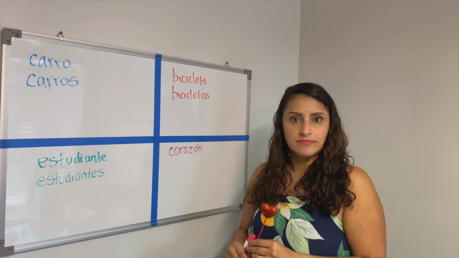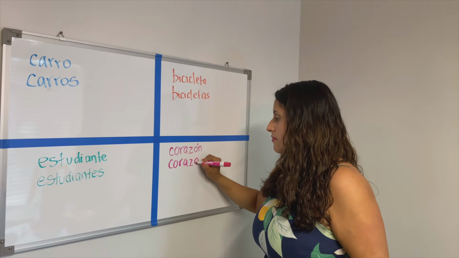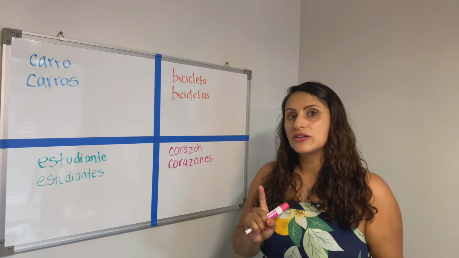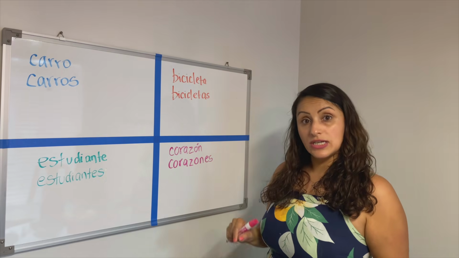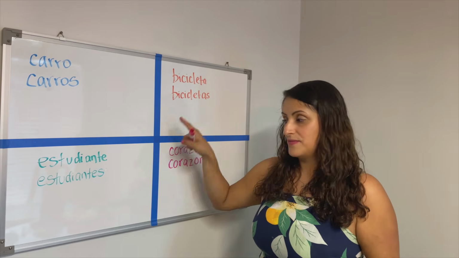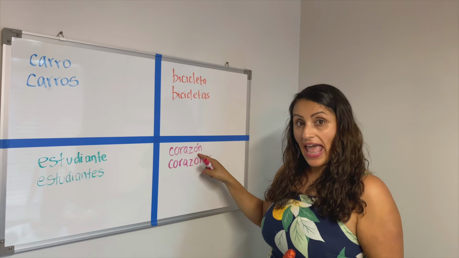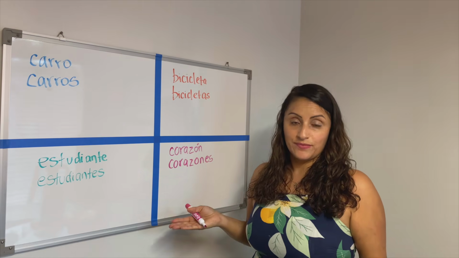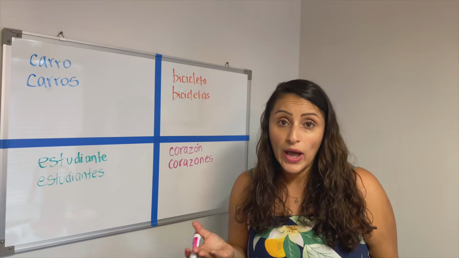What do we call them? We would call them corazones. So here's the deal, guys. If it ends in a vowel, all you're going to do is add an S. But if it ends in a consonant, like a letter N, you're going to add ES to make it plural, okay? The main thing you need to remember is that nouns do have gender.